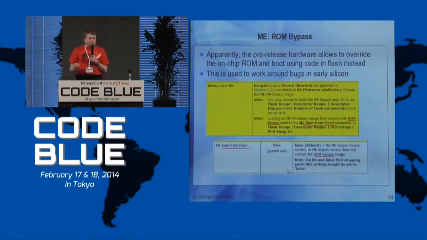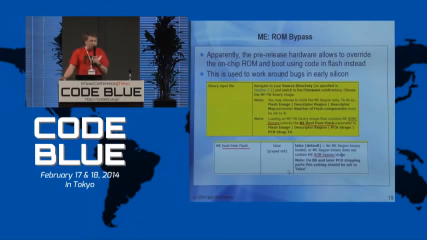When Intel is ready to release some new hardware, they first send it to the various OEMs so that they can start making motherboards, start designing them. And these early chips may contain various bugs. To work around those bugs, Intel has foreseen this functionality that allows them to override the ROM content which is embedded in the chip itself and use the ROM content from the flash chip.